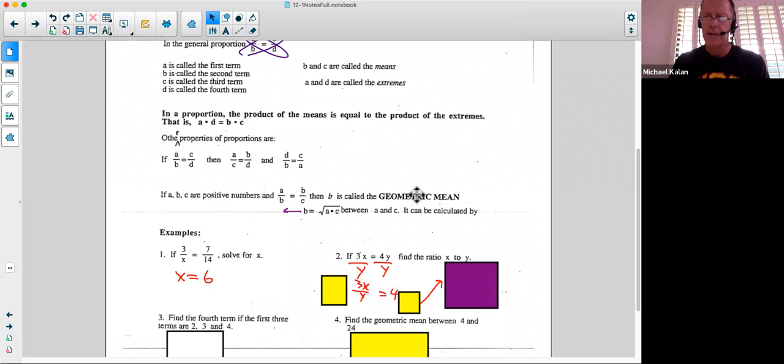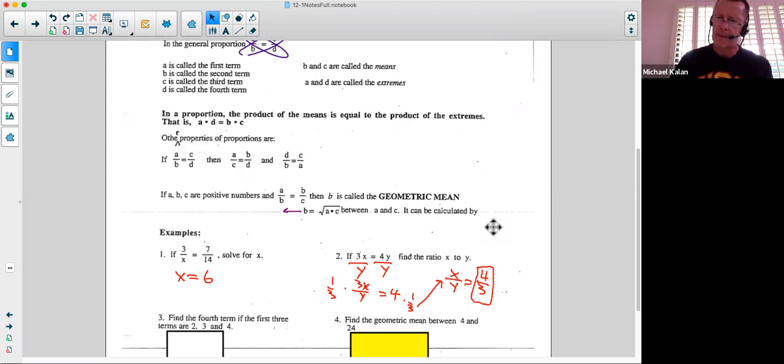Okay, remember what we're trying to get to? X over y, not 3x over y, x over y. So what would we have to do to both sides to get that 3 out of there on the left side? Yeah, multiply by the reciprocal, 1/3, or divide by 3, however you want to think of it. Whatever you do to one side, you do to the other. Those 3's cancel. We get x over y equals 4 over 3. How about that?